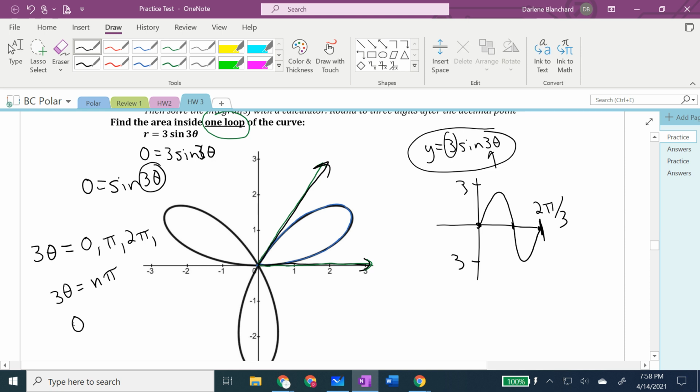So that means when you divide by 3 and then replace n with integers, you're going to get these angles. If I put in n equals 0, I'm getting angle 0. When I put in n equals 1, I'm actually getting pi over 3.